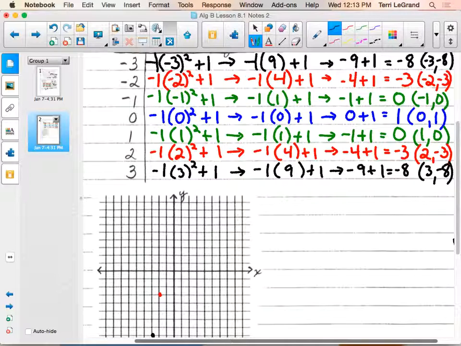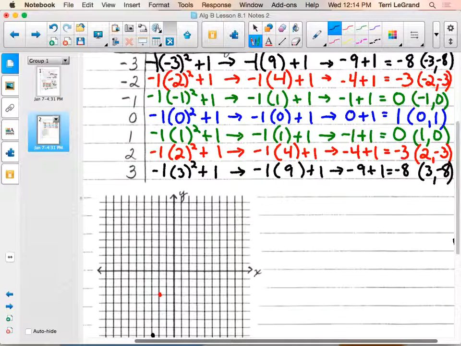And this time our a value is positive or negative? What is our a value this time? Negative 1, isn't it? Yeah. So should it open up or should it open down? It should open down. Should it have a maximum or minimum? A maximum, okay.